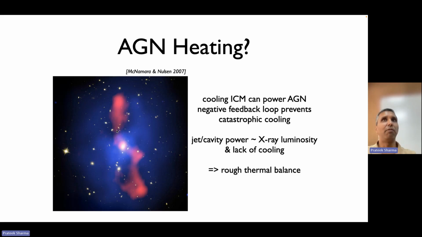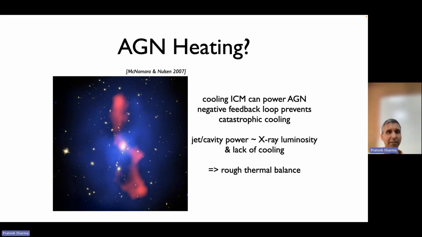Okay, and once you push these radio jets into the galaxy cluster, you are stirring the galaxy cluster, you are putting energy into this intracluster medium. Okay, and if you estimate the mechanical power required to blow these cavities, the cavities have some thermal energy, and there is a PDV work that's required to expand away the gas, to displace away the gas.